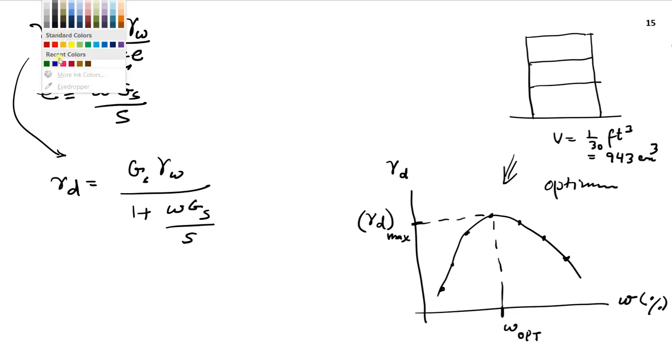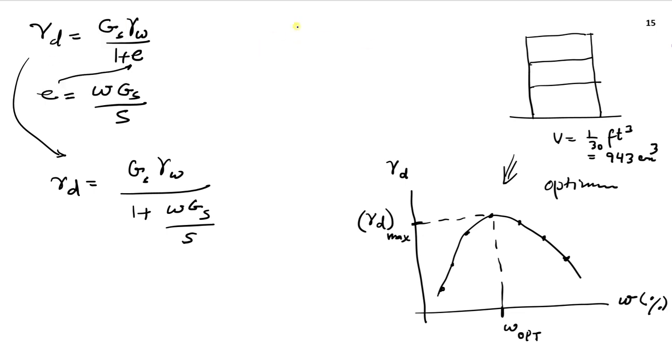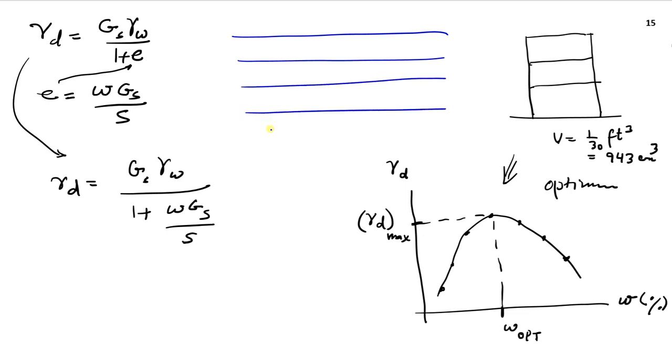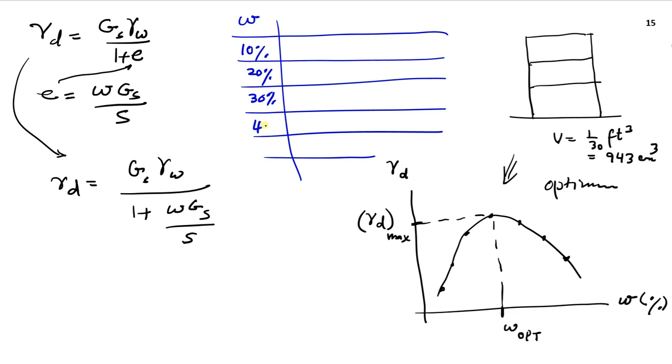So what we do is, we are going to make a table. Let's say this is our table. We are going to get these values for different water contents. For example, suppose my water content is 10%, 20, 30, 40, and so on, 50, and you can start from 5 and move on.